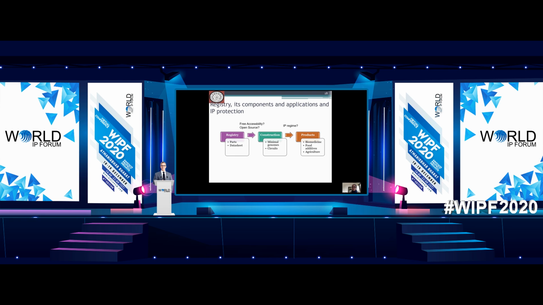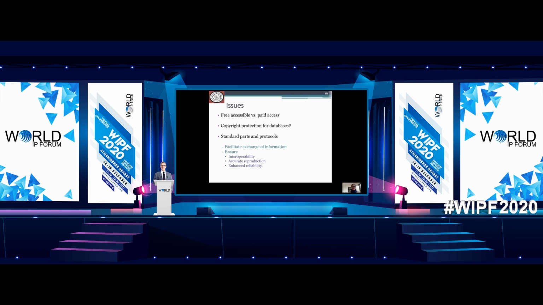So it is freely accessible and open source, and minimal genomes are created using these BioBricks registries, and the circuits are made. So the IP regime probably will come into existence at this stage when the products are being made, that is biomedicine, or food additives, agriculture, or any other application. And at that time the patents would come into existence.